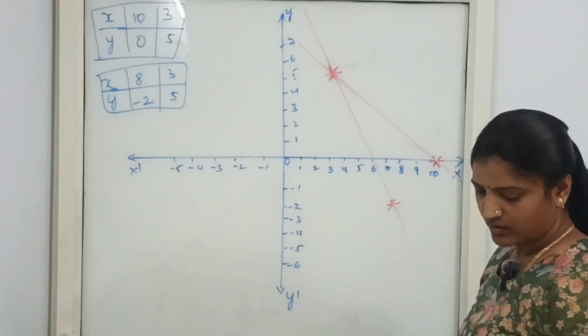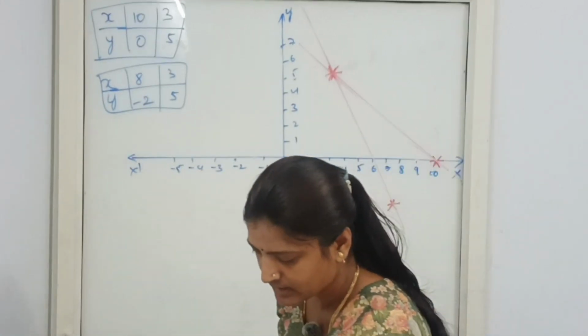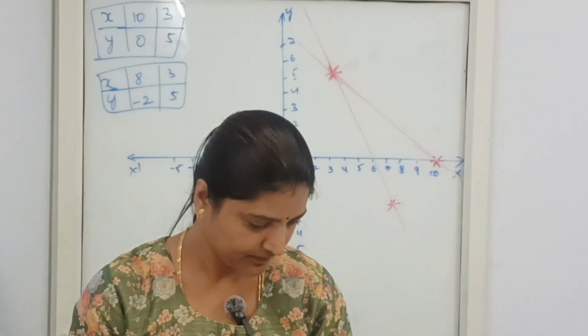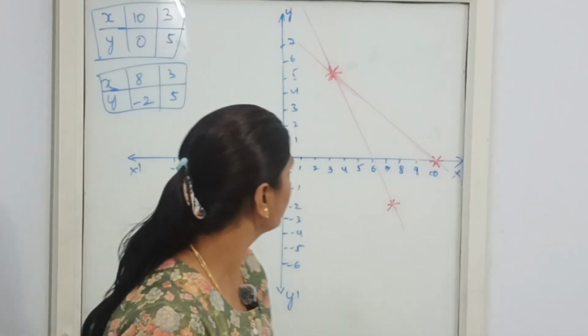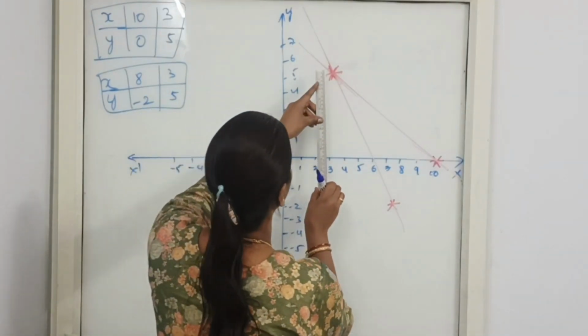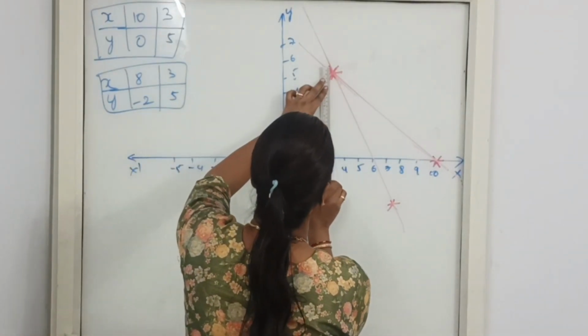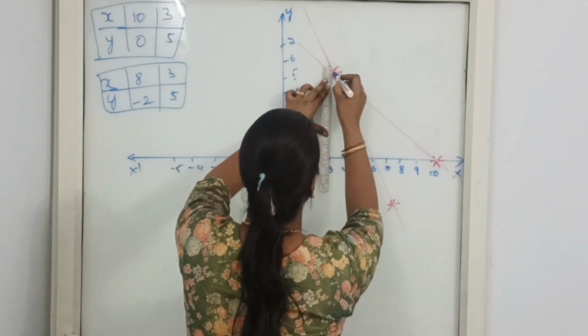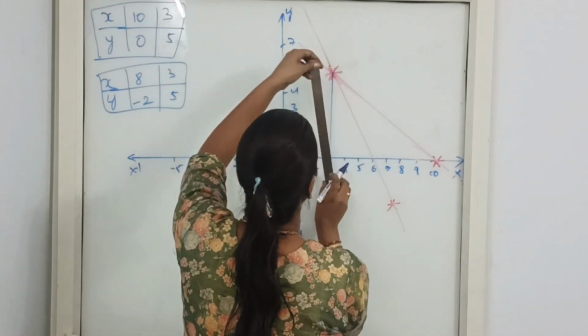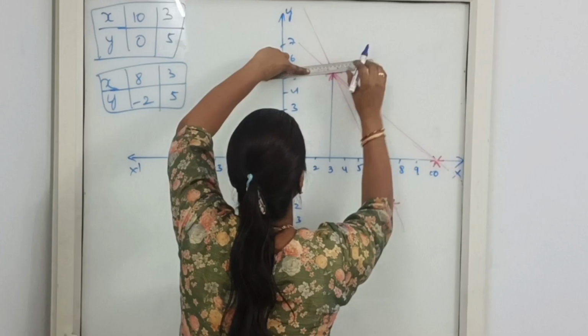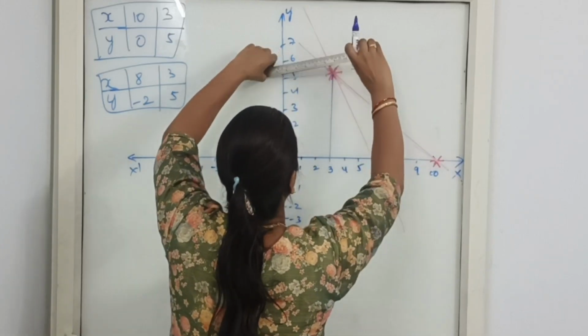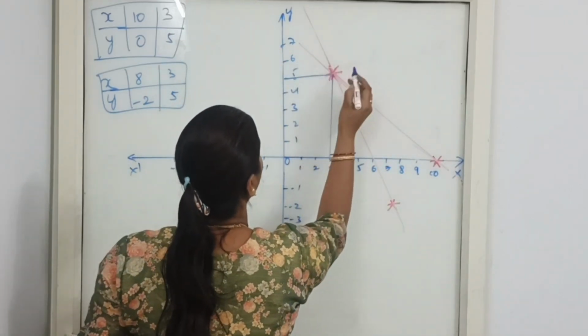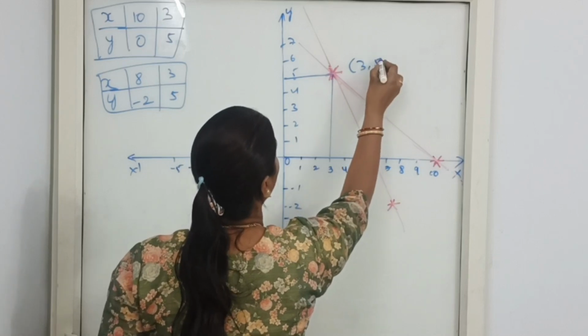Okay, and where it intersects, check it. It is intersecting on x-axis 3 and on y-axis 5, is it not? So it is (3, 5).